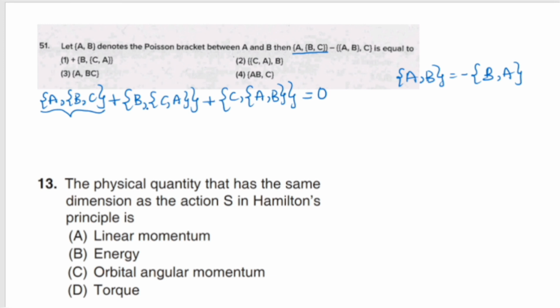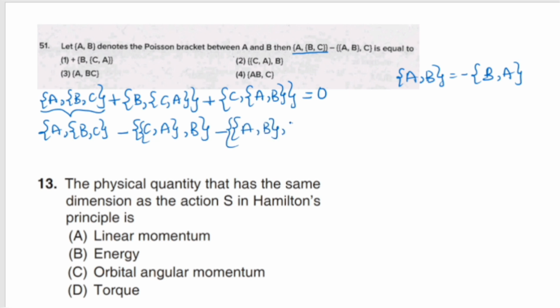So Poisson bracket of b comma c comma a, can I write the commutative property of this? Yes, I can write a comma Poisson bracket of b comma c minus of Poisson bracket of c comma a comma b, it will be, right? And I will also commutate this one. It will be Poisson bracket of a comma b and Poisson bracket of c, which is equal to 0.